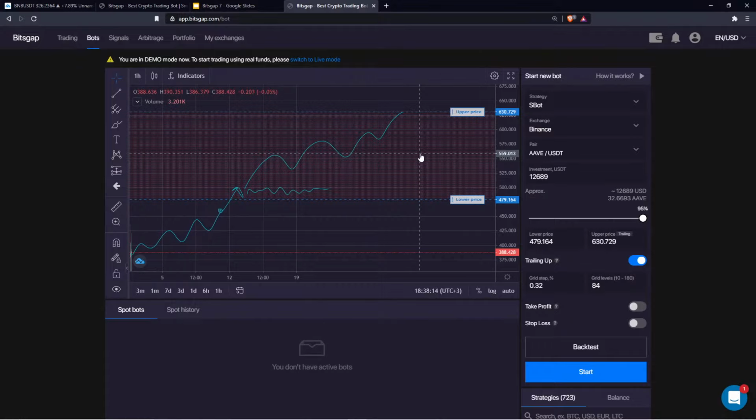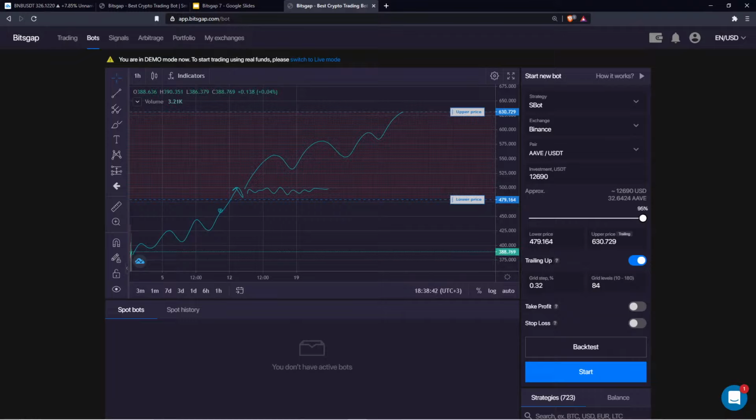So that's another cool thing about Bitsgap, that we have this trailing up, which enables the bot to follow the market rally. So maybe you entered the market when the price of Bitcoin was 10,000. And maybe you just forgot to check the bot, or you were away from the laptop for 3 months, for example.